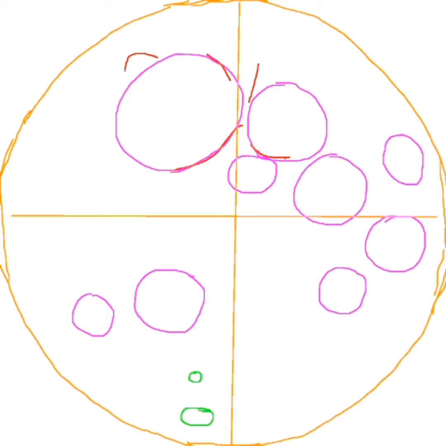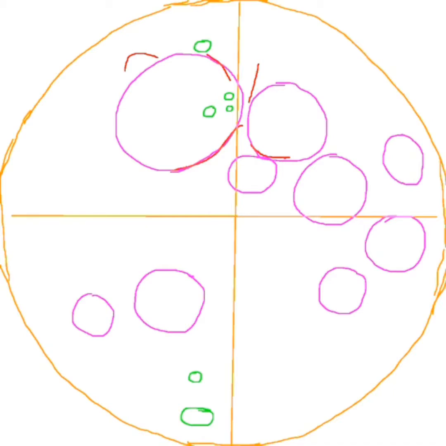Then we have one of the most famous craters of all, which is Plato, which is right on the rim of the Sea of Showers, or the Mare Imbrium. Now inside the Mare Imbrium we've got a selection of well-known craters. We've got Archimedes, we've got Autolycus, a little crater there, and a bigger crater there which is called Aristillus.